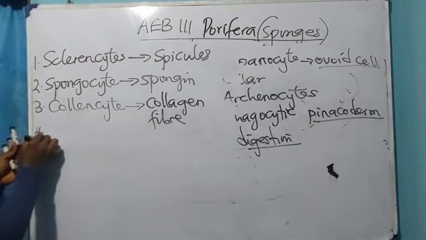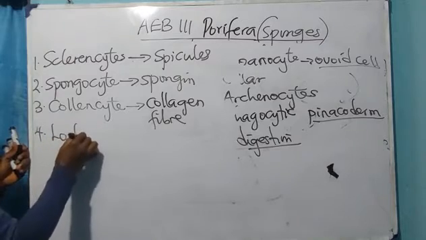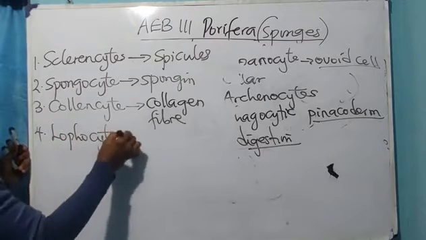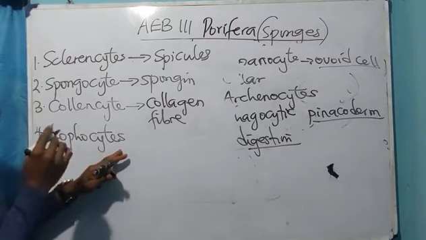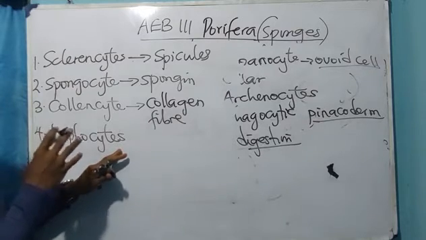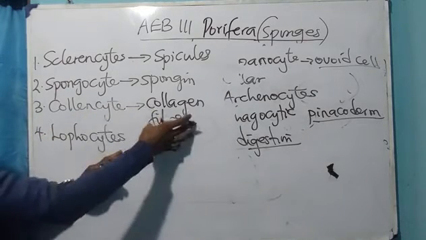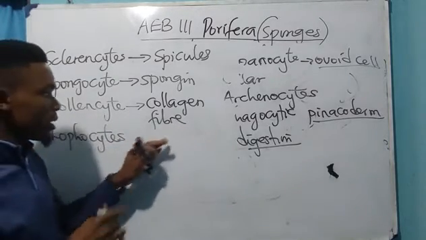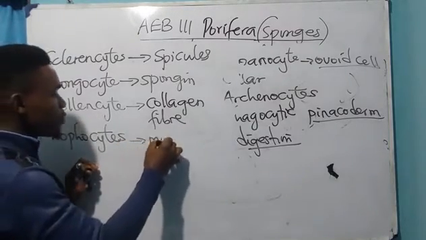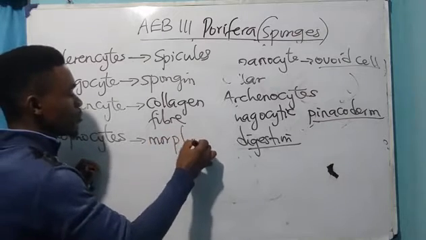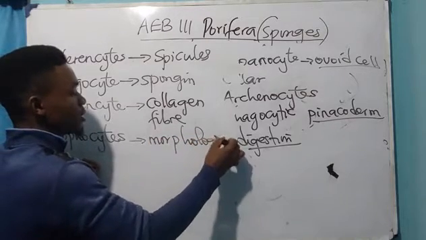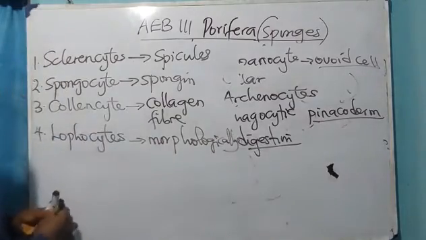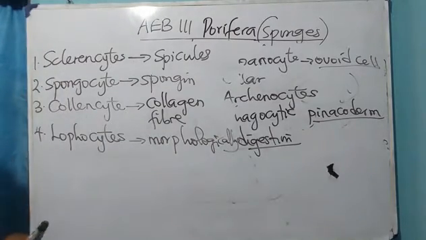Then the fourth one is lophocytes. The lophocytes produce a larger amount of collagen fibers, and they are morphologically different from the collencytes. Please take note of that.